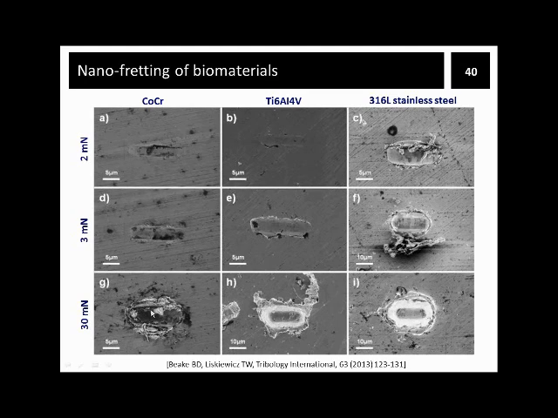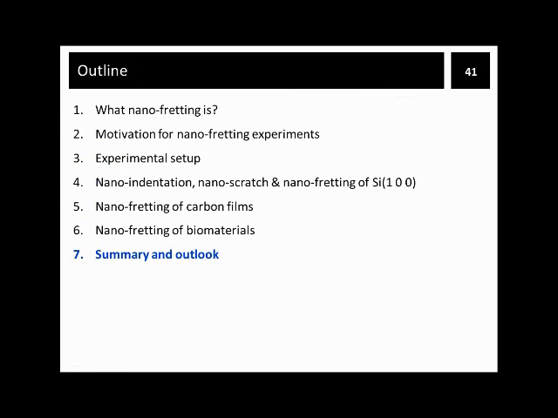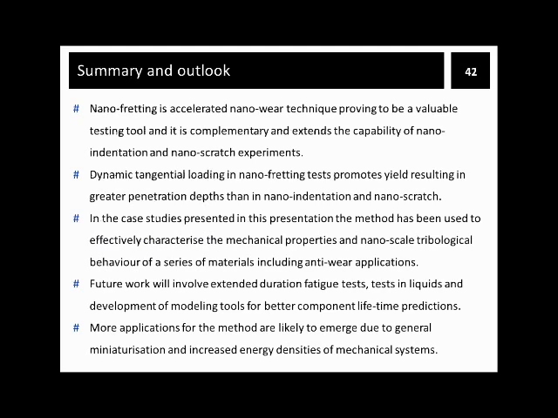And please note the different scale for the 30 millinewtons case. So we have 5 microns here and 10 microns here. The images also allow for further wear mode and wear debris morphology analysis for really better understanding and improved design of biomedical devices. And that brings me to the summary of today's talk.